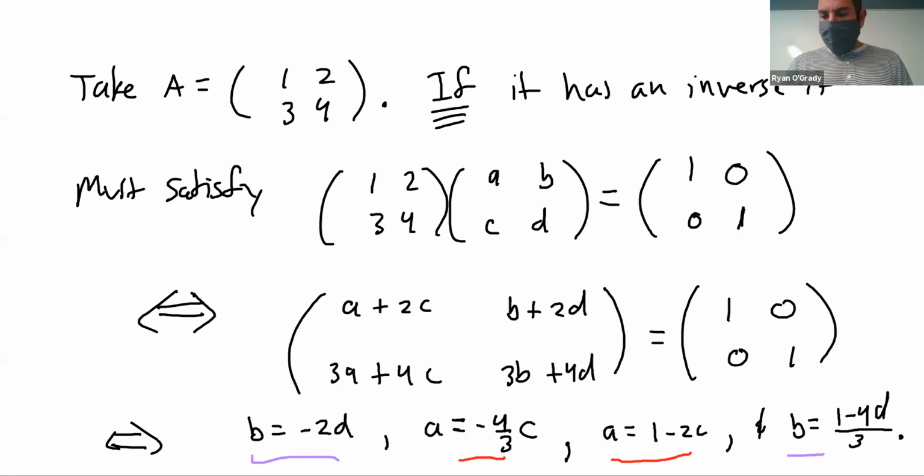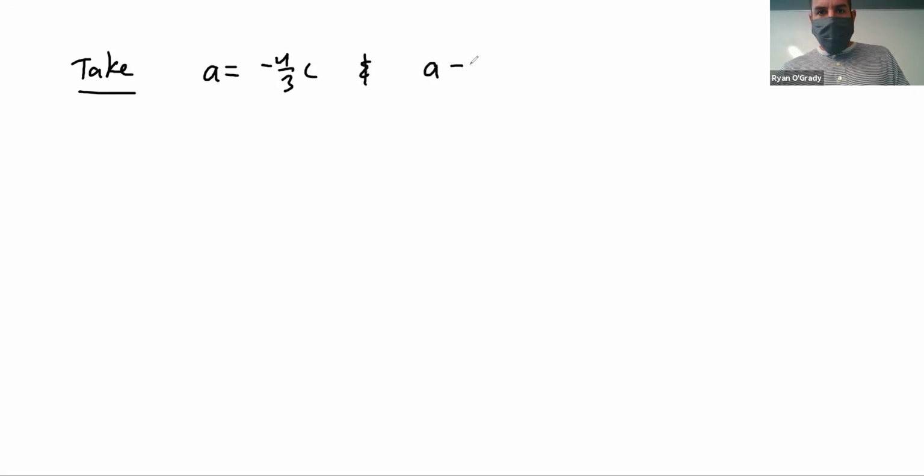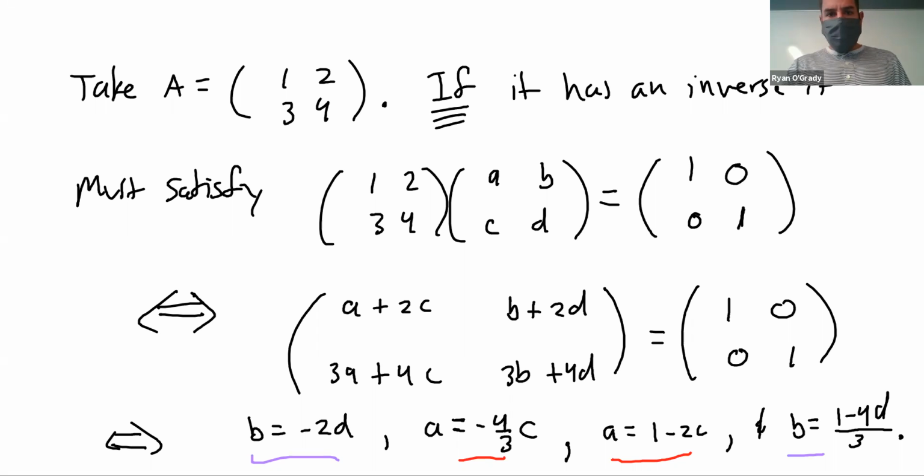So if I have the first one, let's take A, which we know from the previous page on one hand is negative 4/3 C. And on the other hand, we have A equal to 1 minus 2C.